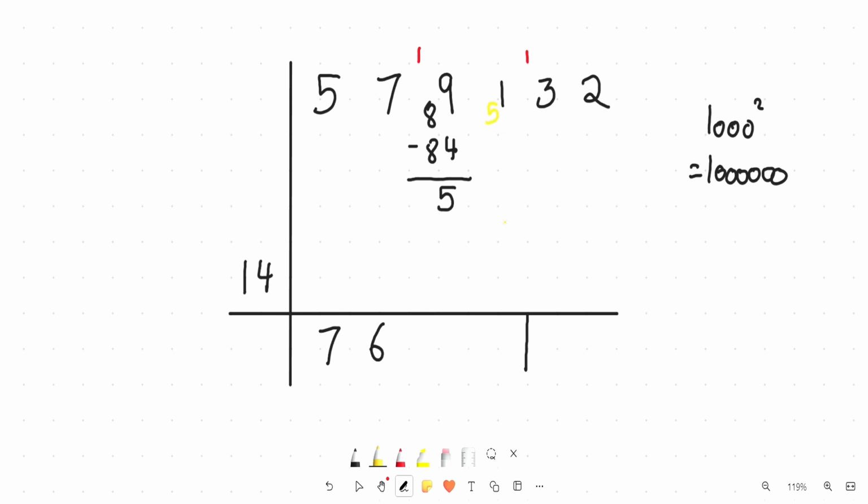So this 5 goes over here and we subtract. Don't forget to subtract the duplex of 6 alone. So duplex of 6 is 36. 51 minus 36, that would give us 15. Now we can go for 1 maybe.